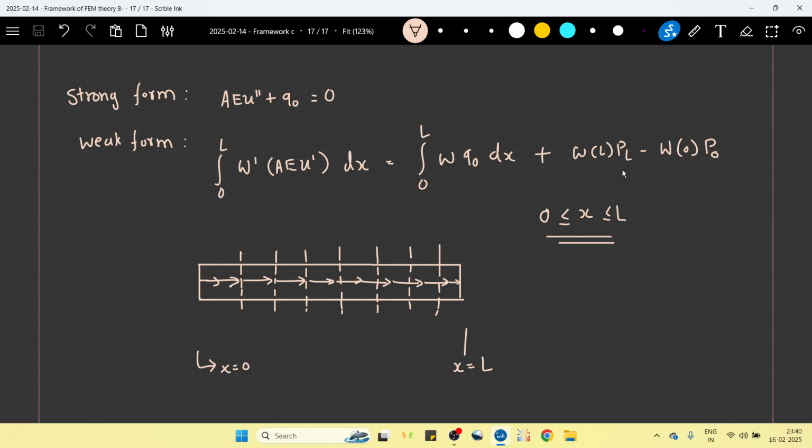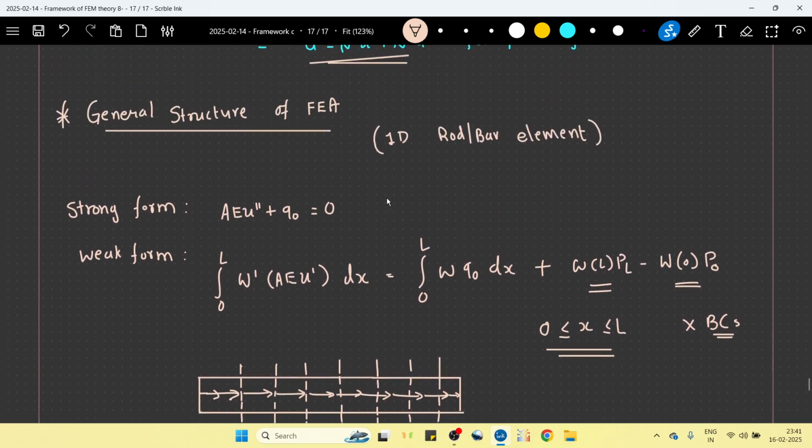Here we have also written these two terms, because we are not going to put boundary conditions now. Why? Because as we said, we are not going to find the FEA solution. As we did in the previous two videos, we are going to find the general structure of FEA.